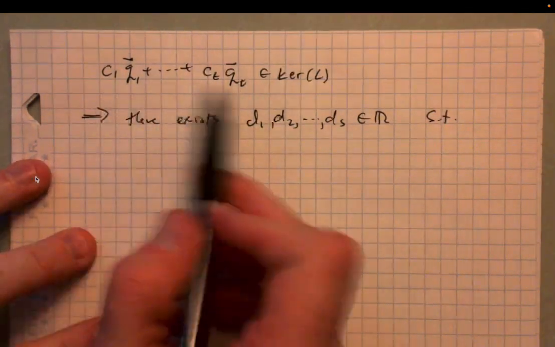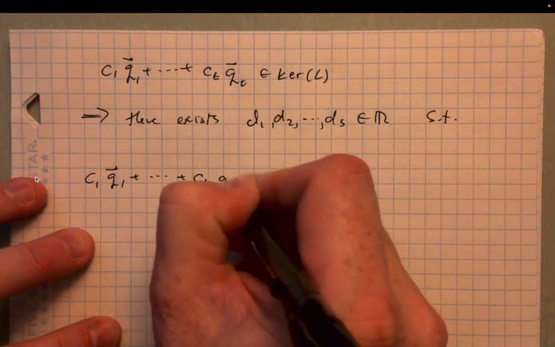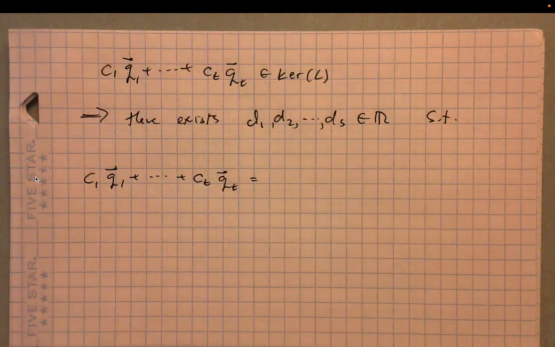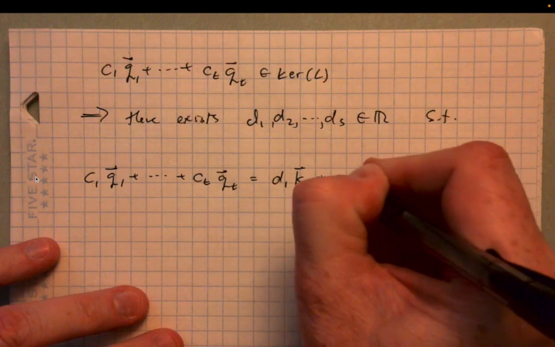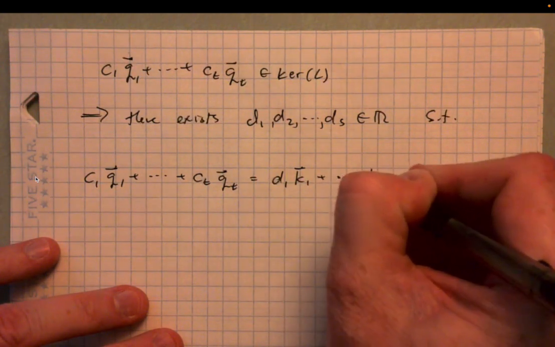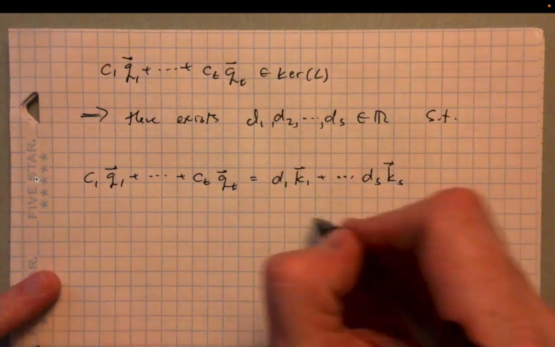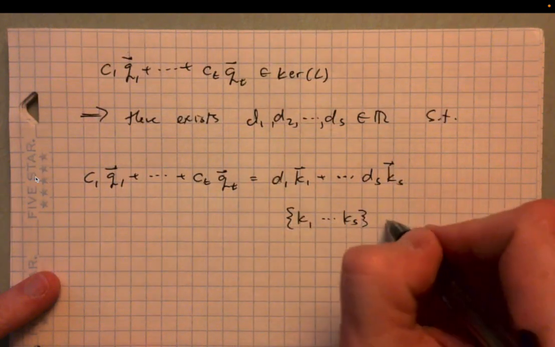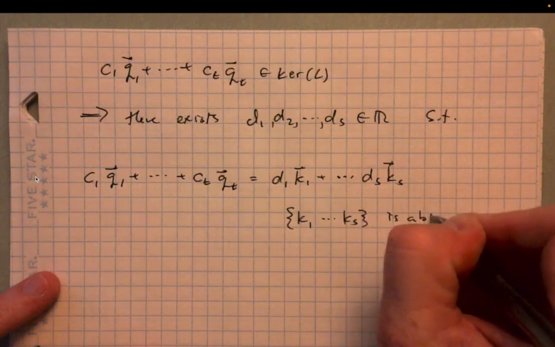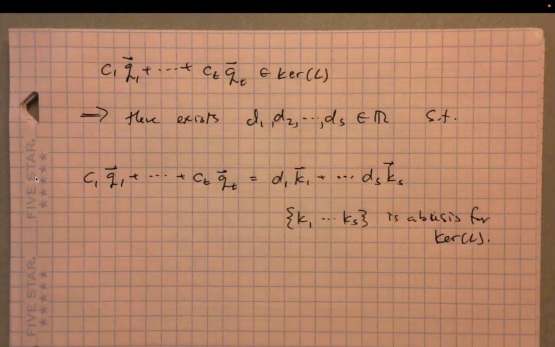Well, such that this thing here, it's in the kernel, so C1 Q1 plus dot dot dot plus CT QT, we can re-express whatever this vector is in terms of the basis for the kernel. So D1 K1 plus dot dot dot DS KS. Okay, so these K1 dot dot dot KS is the basis for the kernel. Just remember where that came from.